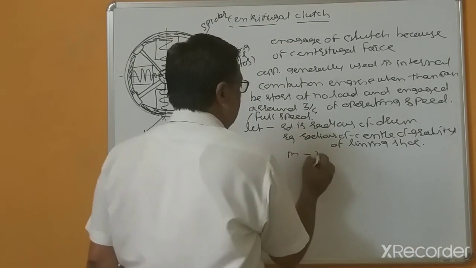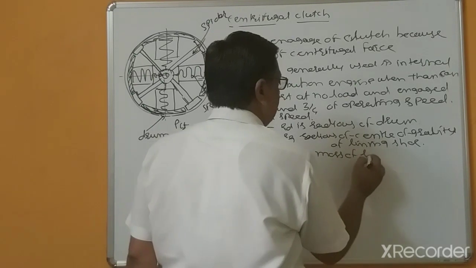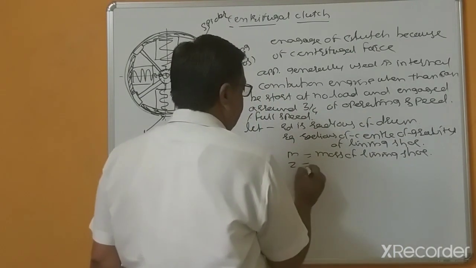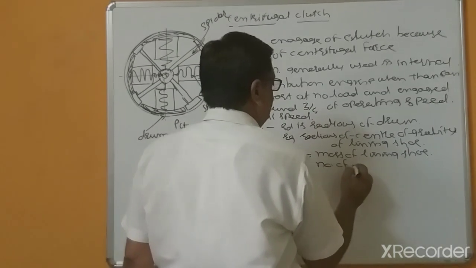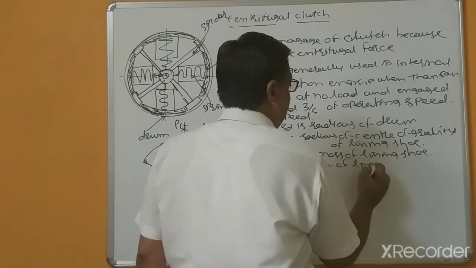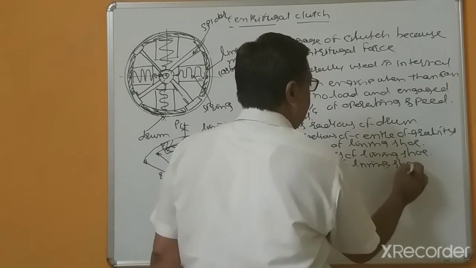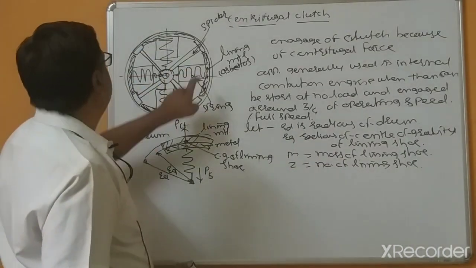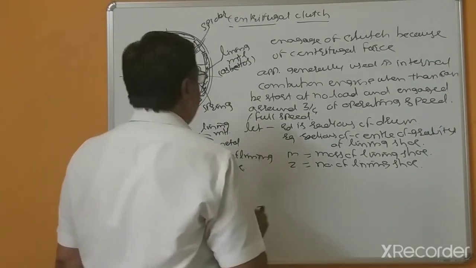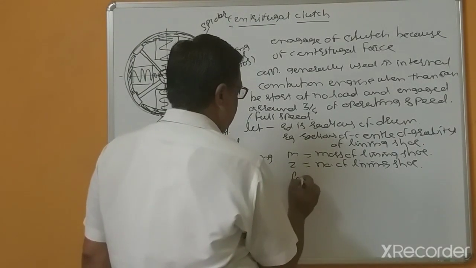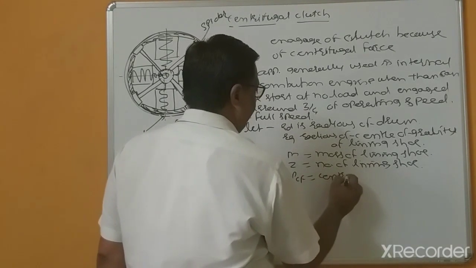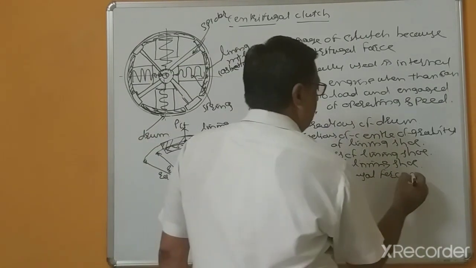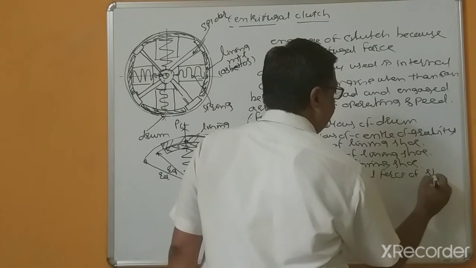M is the mass of the lining shoe. Z is the number of lining shoes, which is generally 4: this is 1, 2, 3 and this is 4. Next, PCF is the centrifugal force of the shoe.